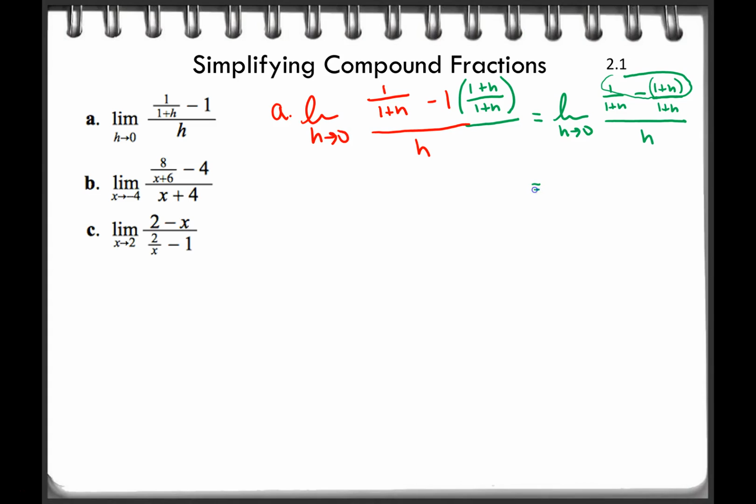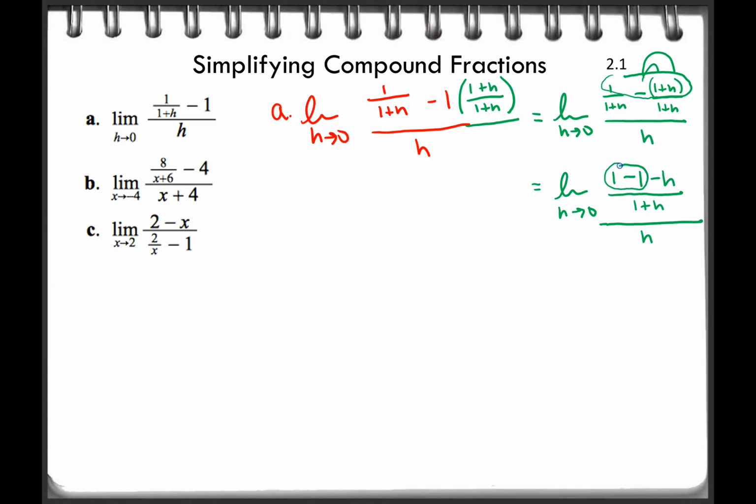So this is going to be equal to the limit as h approaches 0 of 1 minus 1 minus h, see what that became, minus 1 minus h, all over 1 plus h, over a big H. Well, hopefully this thing here cancels out, and it does.